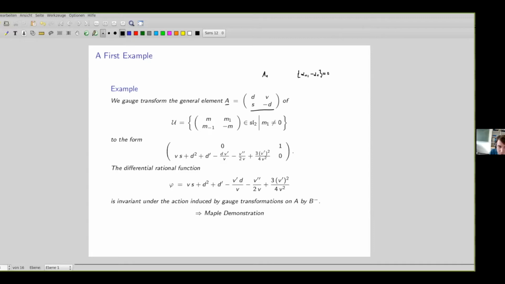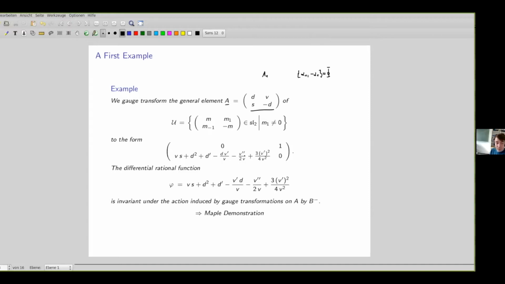Okay, this is phi. And V represents alpha 1 and S represents minus alpha 1. And D is a parameter for the Cartan subalgebra. And now we look at a general element of the set U, meaning that the function V cannot become 0.